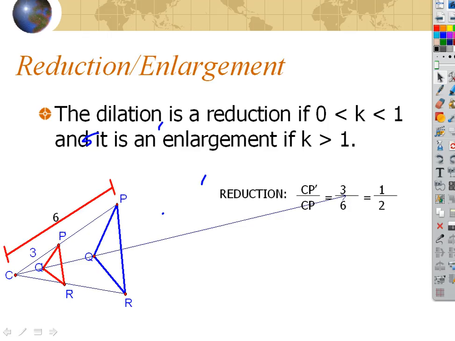So you know then that the scale factor K has to be between 0 and 1 if it's a reduction. Now, if it's an enlargement, we're going to be multiplying by a number bigger than 1 to get a bigger answer, right? So in that case, K would have to be greater than 1. Okay?